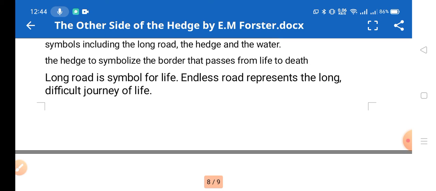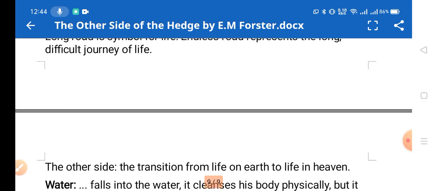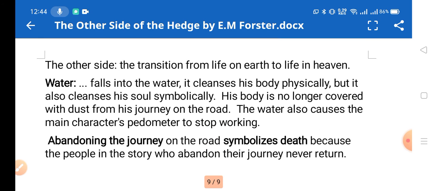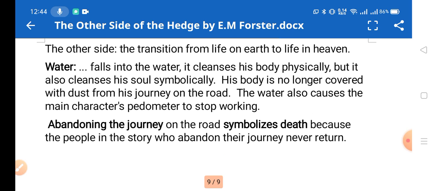The hedge symbolizes the border that passes from life to death, or the transformation from life to hereafter. The long road is a symbol for life. The endless road represents the long, difficult journey, the work of life. And the other side represents the transition from life on earth to life in heaven and hereafter.